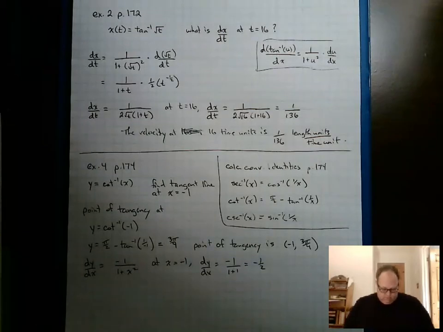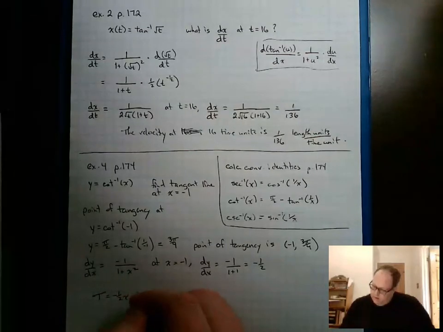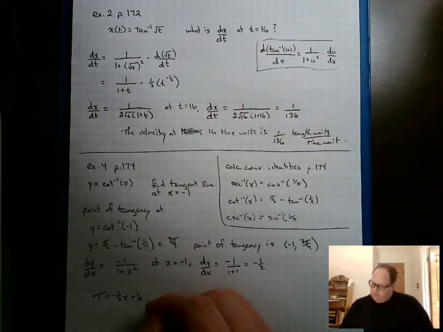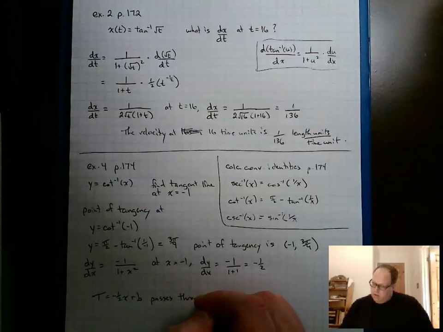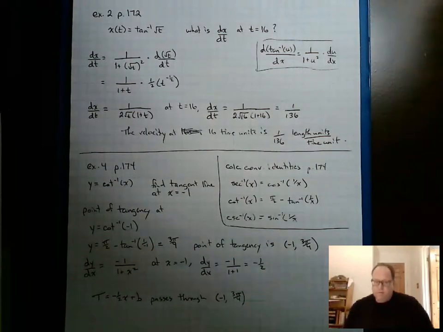So my tangent line has a slope of -1/2 and has to pass through -1 and 3 pi over 4. Filling that in, I'll get a b value.